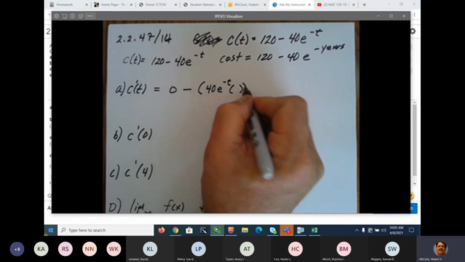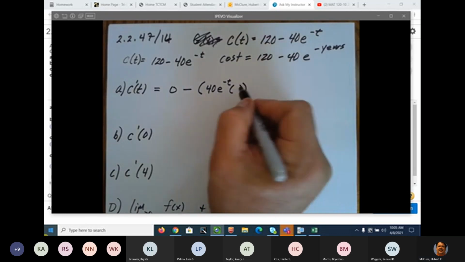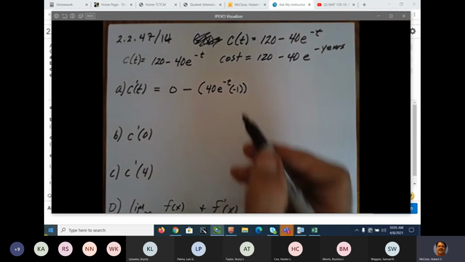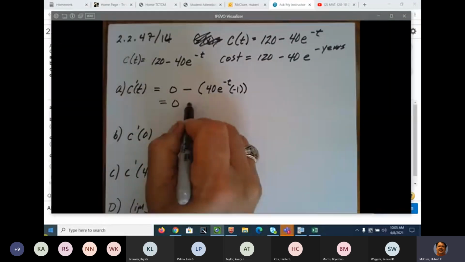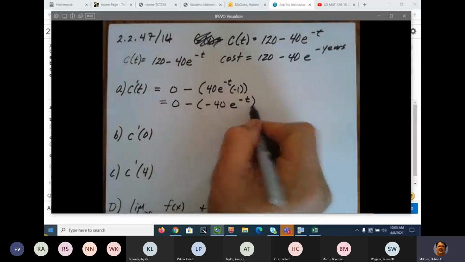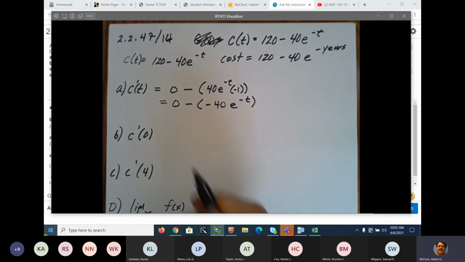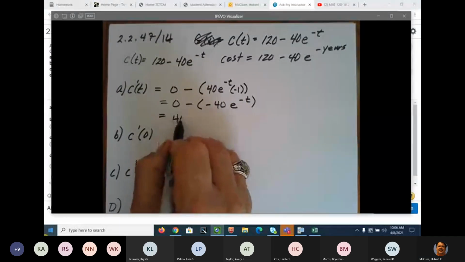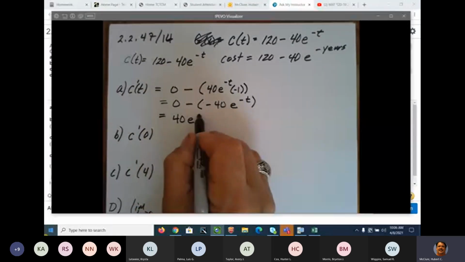And what is the derivative of negative t? Negative 1, Hubert. And that's going to give me 0 minus negative 40 e to the negative t. And that gives me what? What's 0 minus a negative? 40 e to the negative t.